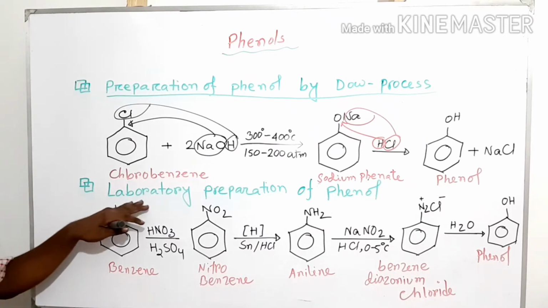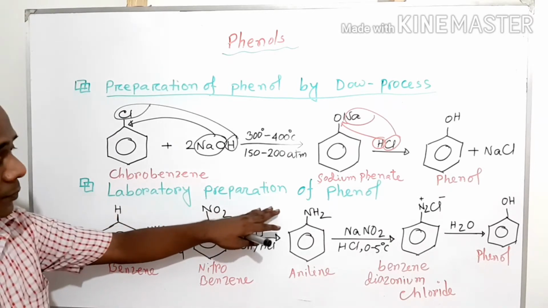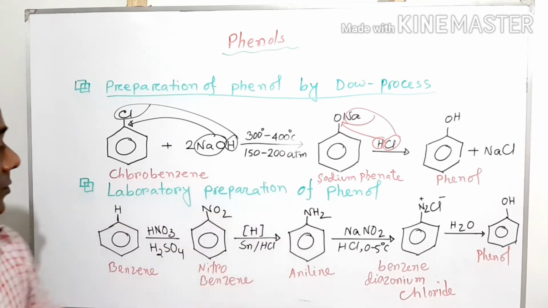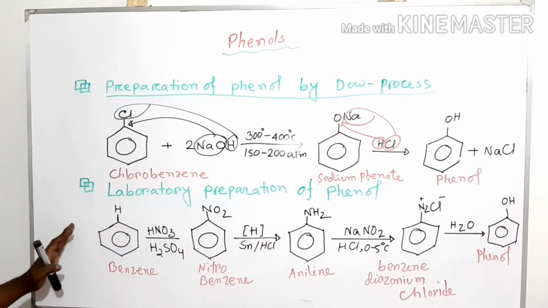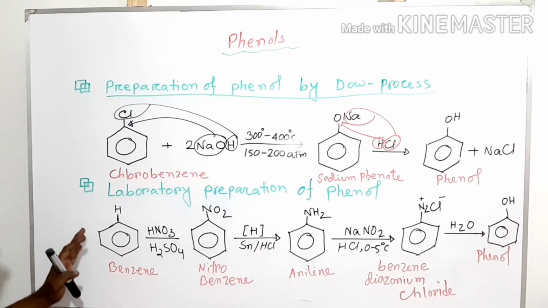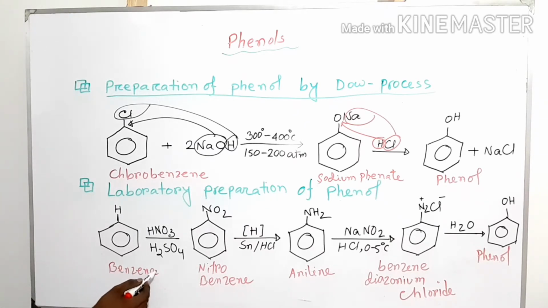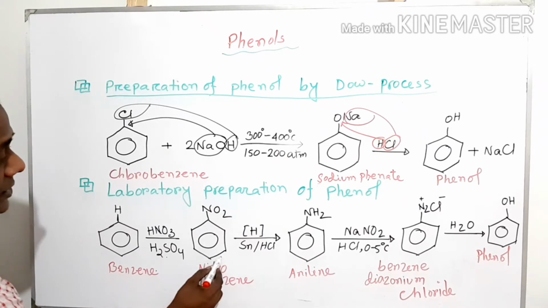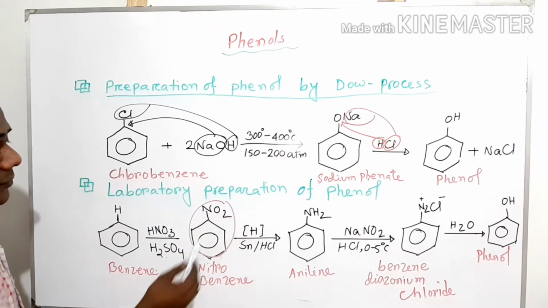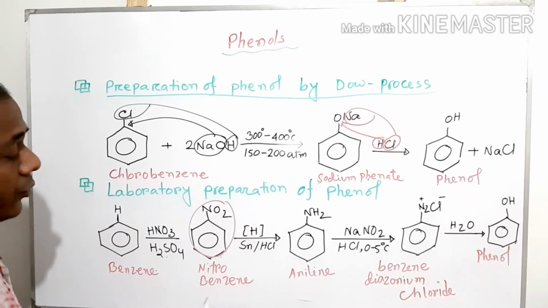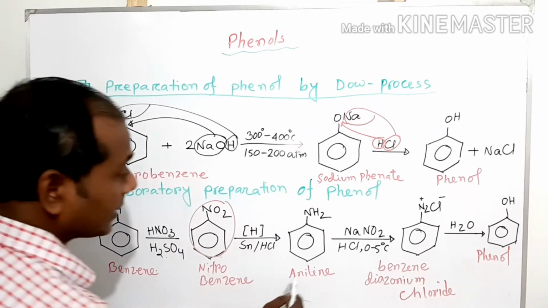In laboratory, we prepare phenol by this process. This one is known as laboratory preparation of phenol. In this process, at first benzene reacts with nitric acid and sulfuric acid, then we get nitrobenzene. Nitrobenzene reacts with tin plus HCl, then we get aniline.